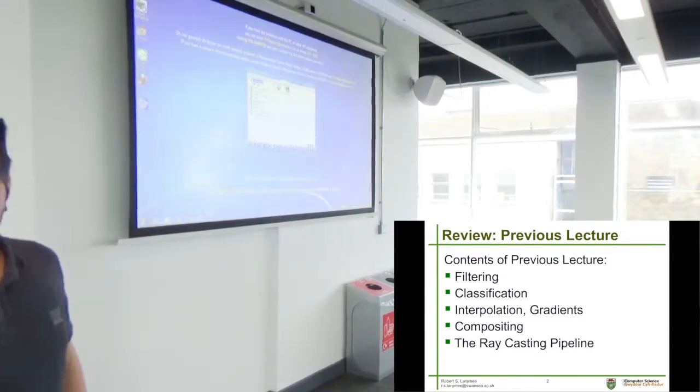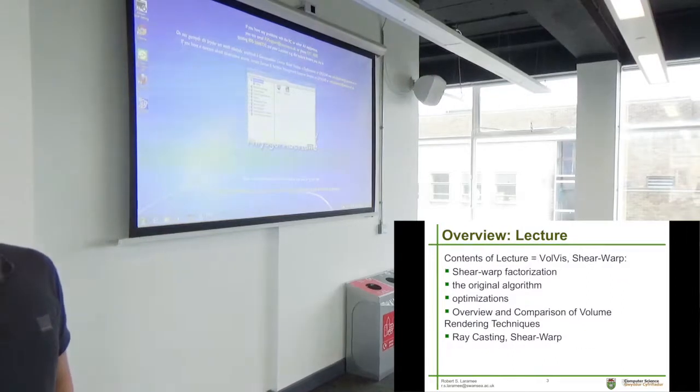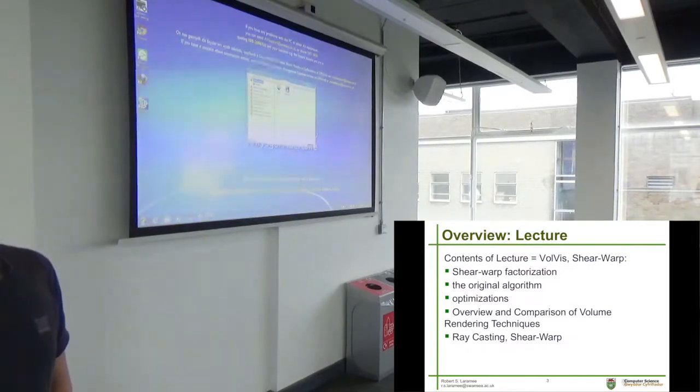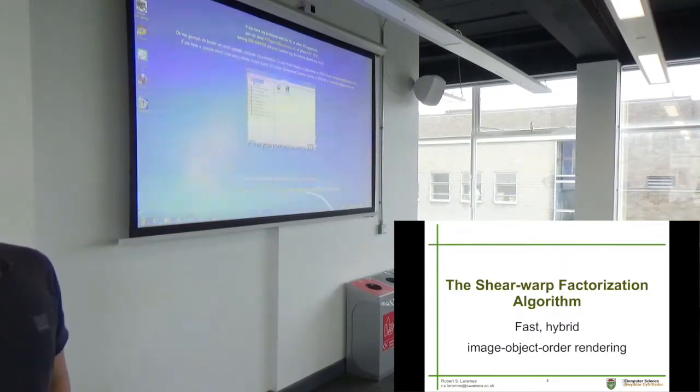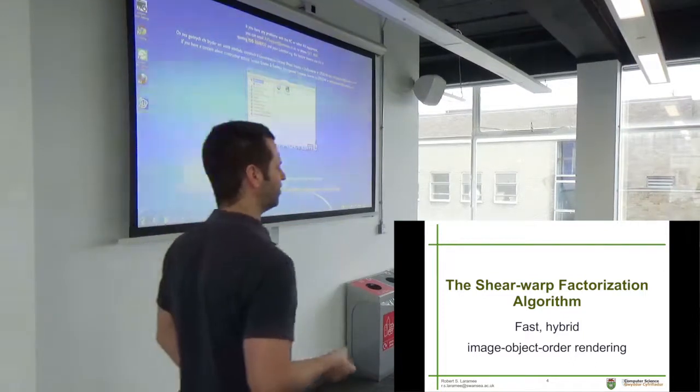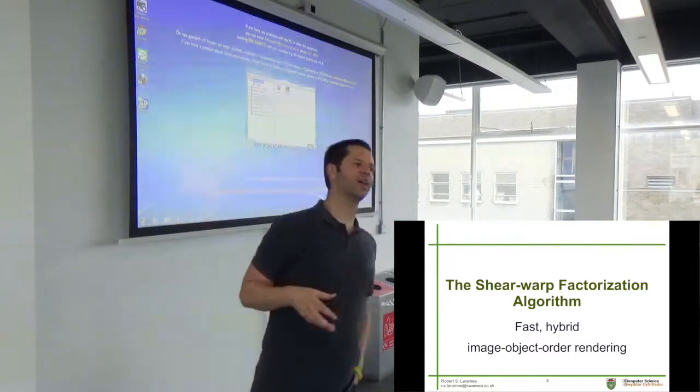So last time we went over the ray casting pipeline, and we had lots of terms and terminology. Today we're going to go over a new algorithm called the Shear Warp algorithm. The idea is to increase the processing speed of the traditional ray casting algorithm.